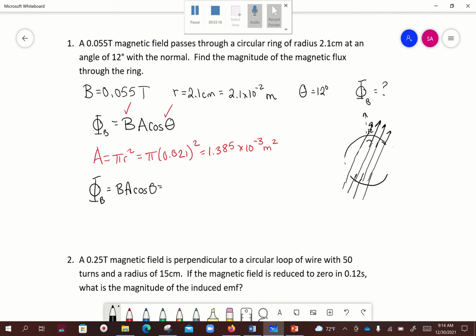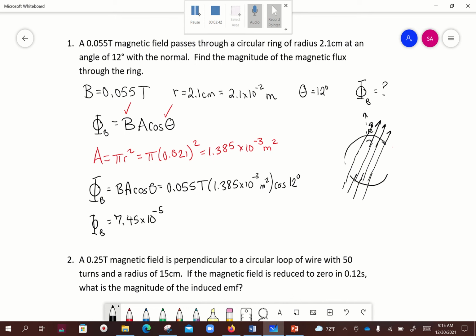So B is 0.055 Tesla. Area 1.385 times 10 to the minus 3 meters squared. And the cosine of 12 degrees. And when I throw all that into my calculator, I get 7.45 times 10 to the minus 5.